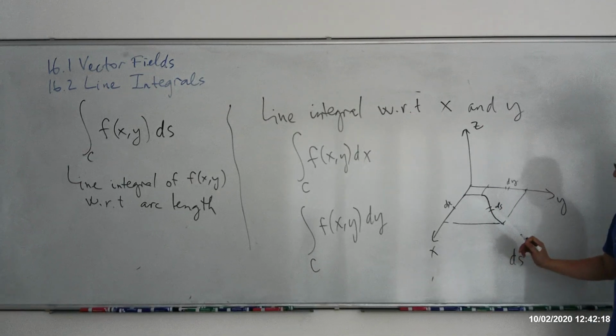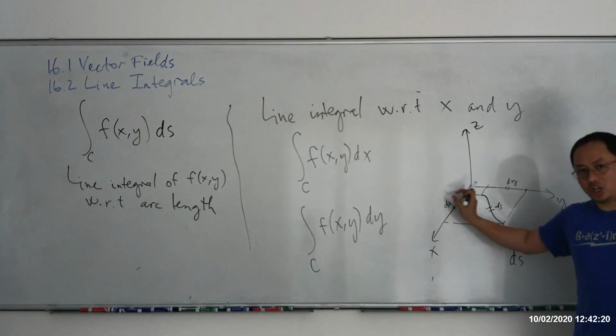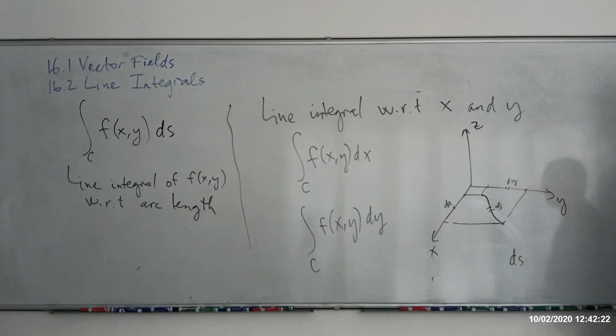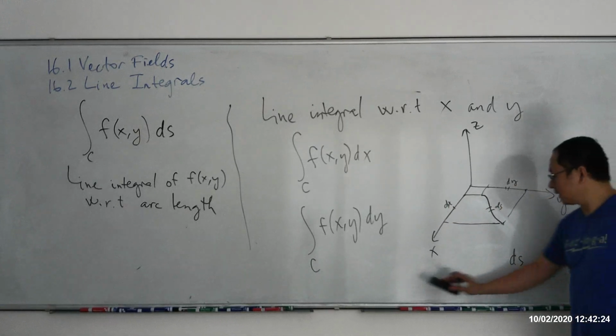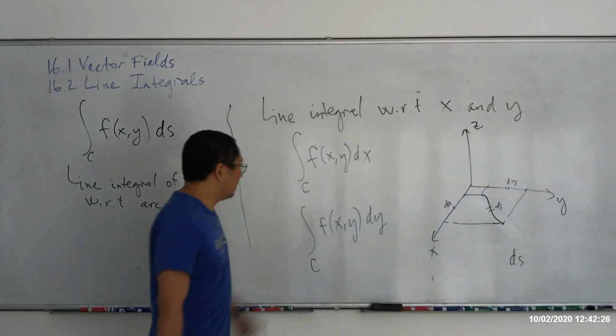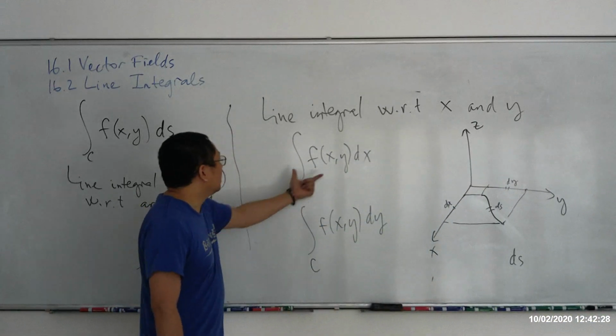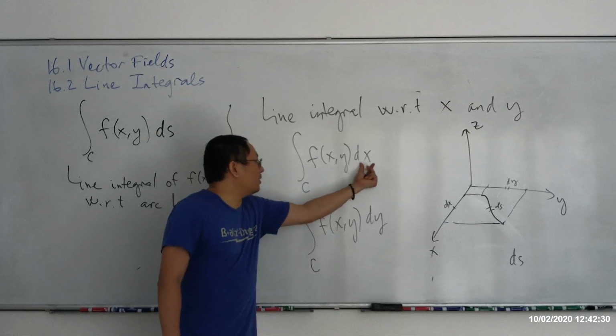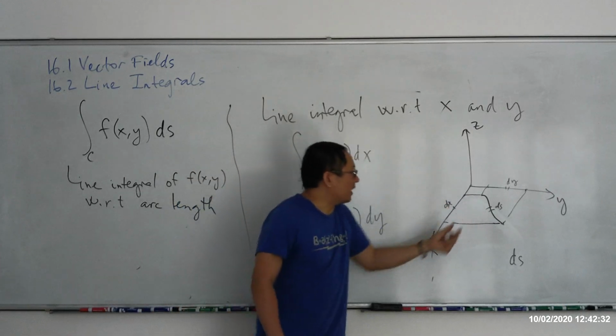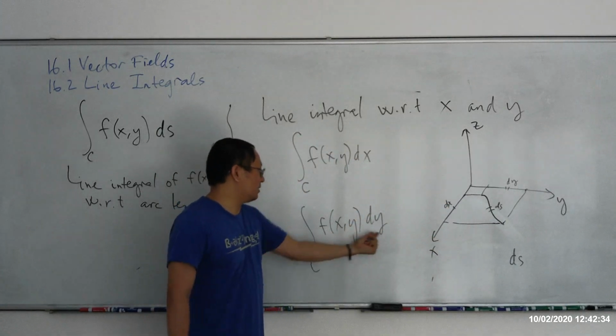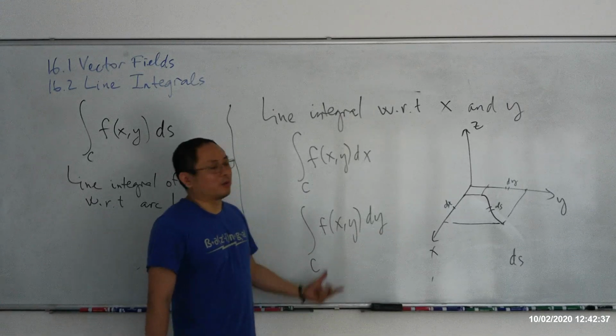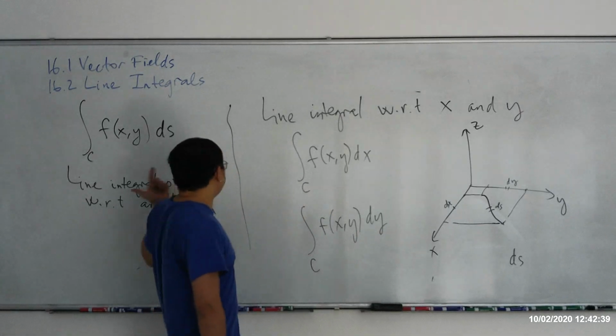But you project to the x-axis, the change is dx. Project to the y-axis, the change is dy. Okay? And this is another integral. Still a line integral, but now the change is not the change of s anymore, it's dx. And this is the change with respect to y. And of course, the way you solve it is the simpler case of the general case right here.